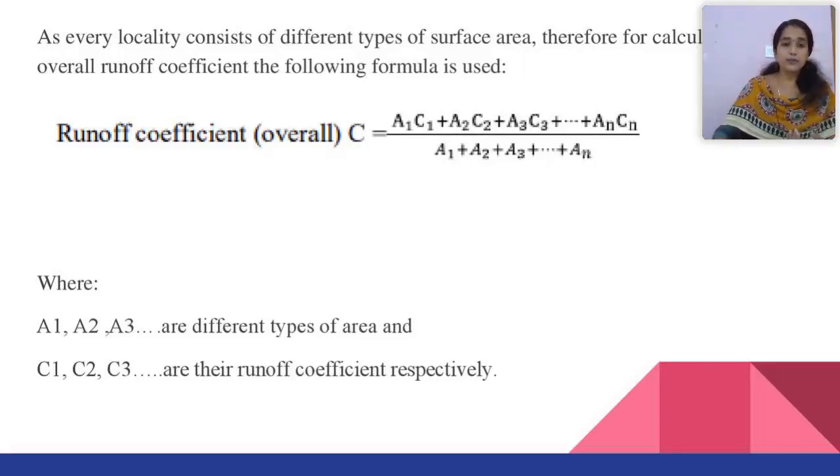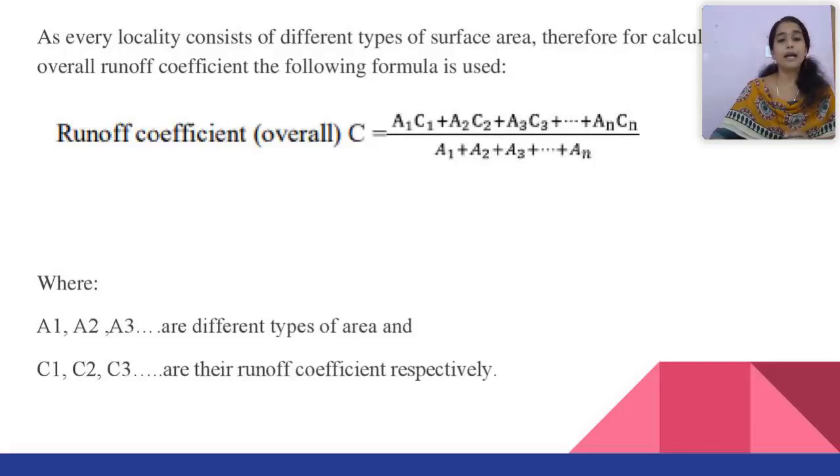This is the equation for calculating the coefficient of runoff. That is, C is equal to A1 C1 plus A2 C2 plus A3 C3 plus etc. plus AN CN divided by A1 plus A2 plus A3 plus etc. up to AN, where A1, A2, A3 are the different types of area in that particular catchment area, and C1, C2, C3 are the runoff coefficients of those particular areas.